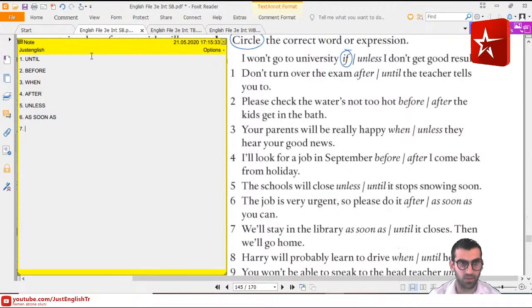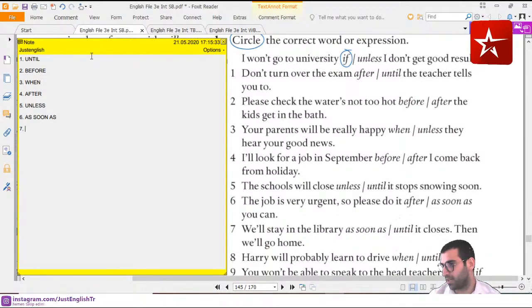Great. And what about number 7? Number 7. We will stay in the library as soon as or until it closes. Then we will go home. Which one is correct?